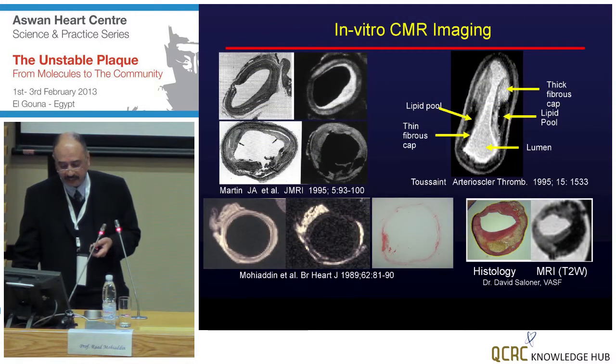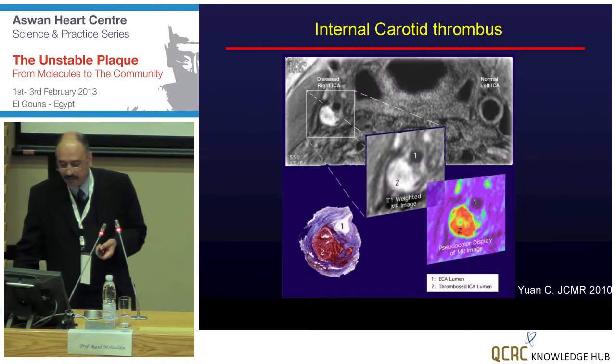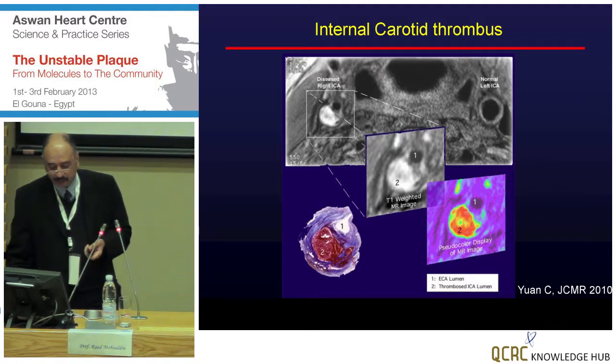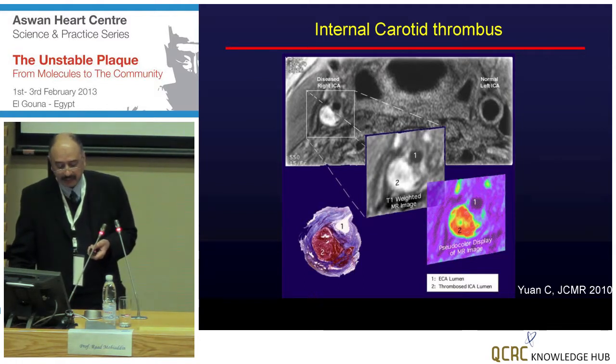There's a lot of validation on in vitro experiments in the early days. And this is an example in a patient with intra-plaque hemorrhage. The intraplaque hemorrhage, usually if you capture it within the first 2 weeks, produces methemoglobin.